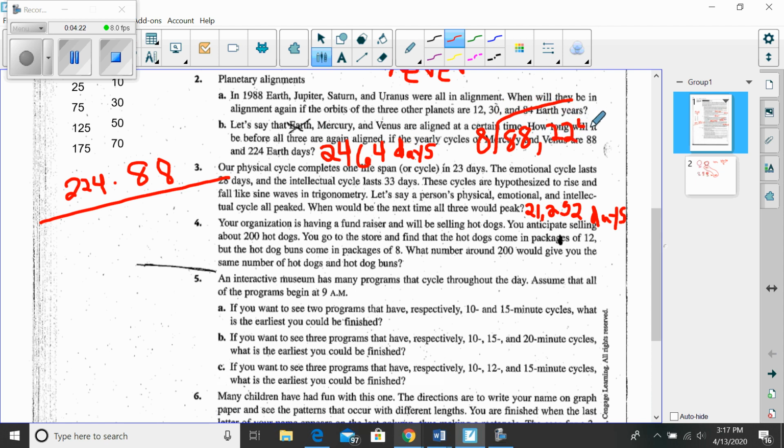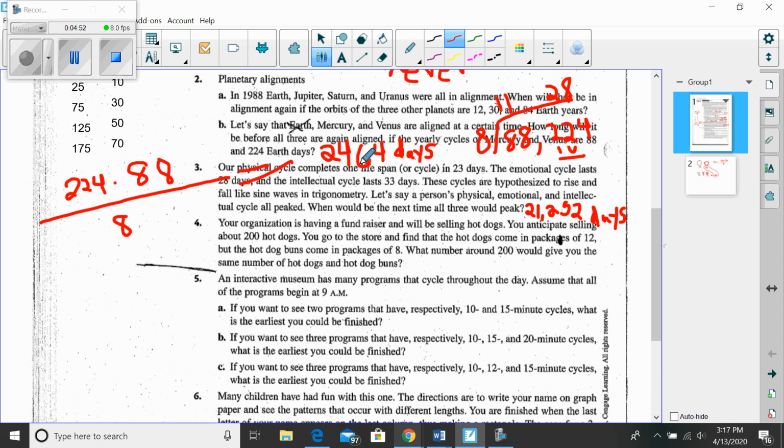So 8 into 88 is 11, and 8 into 224 is 28. If I look at 11 and 28, 28 is 4 times 7, no common factors with 11, so I know this would be the correct GCF.